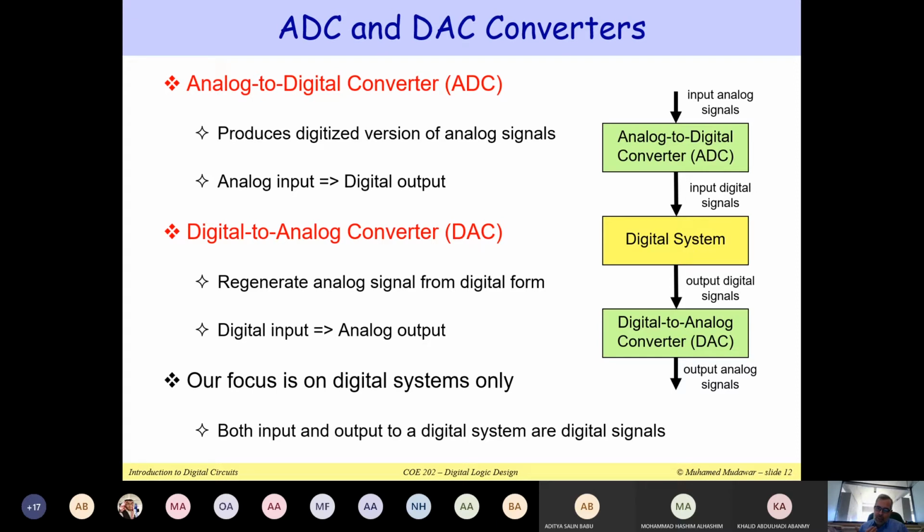Once the analog to digital converter has converted this sound, it is now a digital signal. So it can be stored as a sound file inside a digital system, a computer system for example, or it can be transmitted through a network as a digital signal.